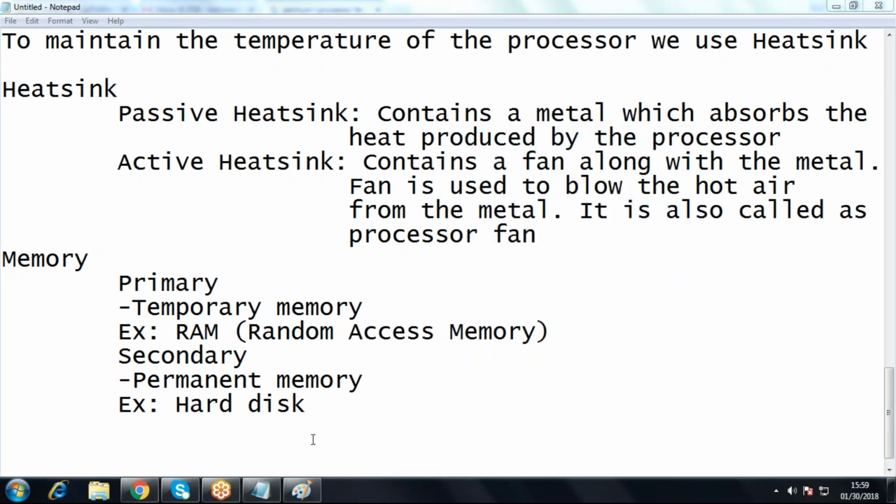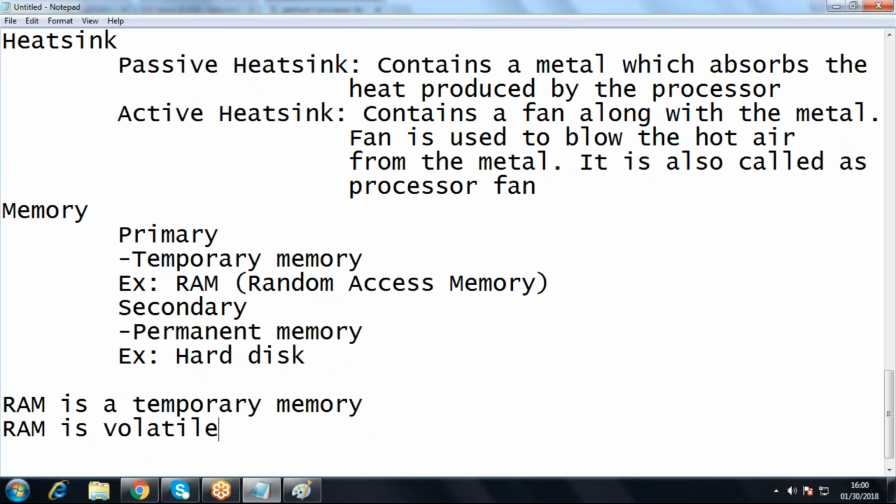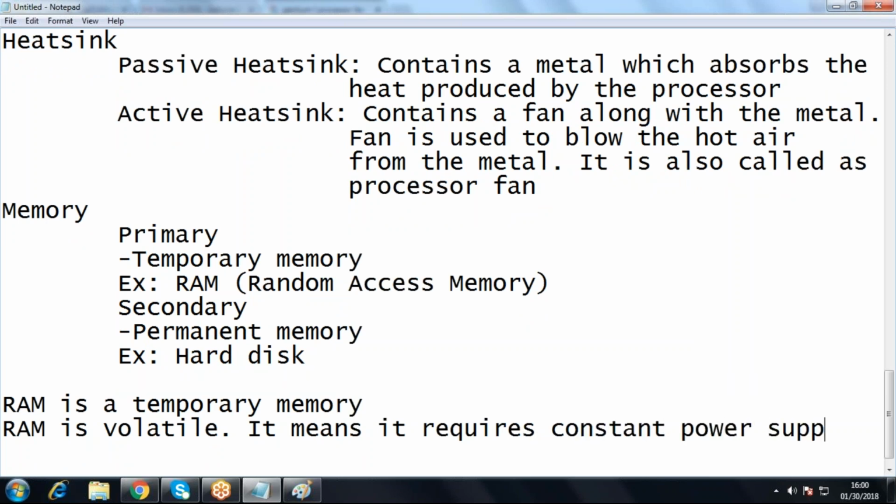Okay, let's write the points. RAM is a temporary memory. RAM is volatile. Volatile means it requires constant power supply to store the data.